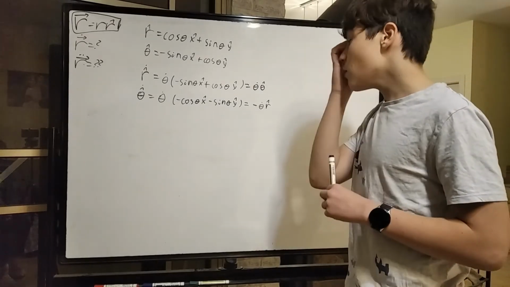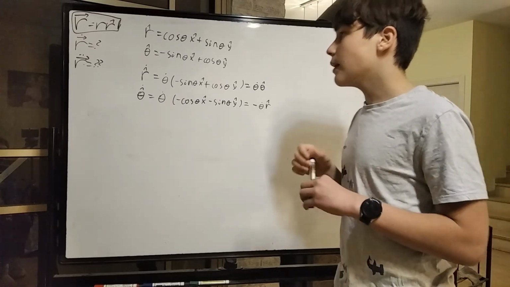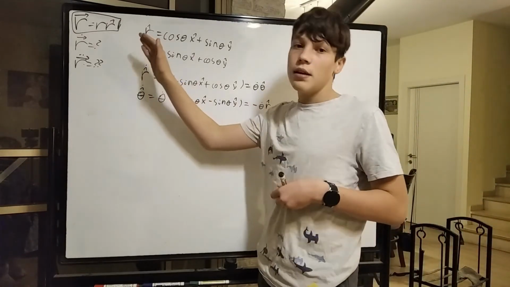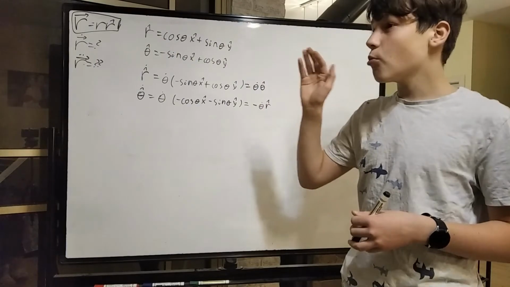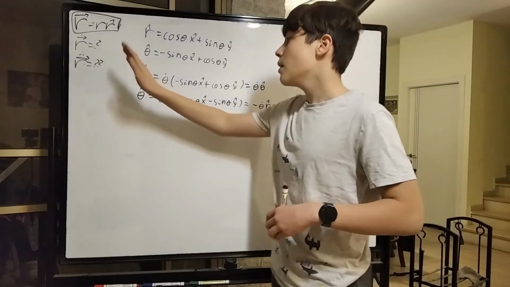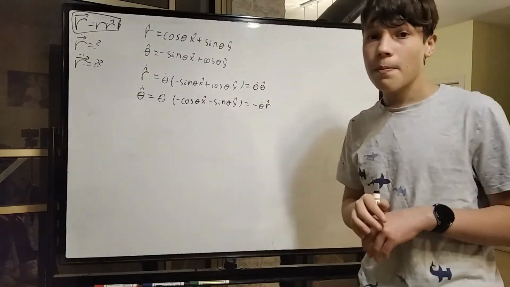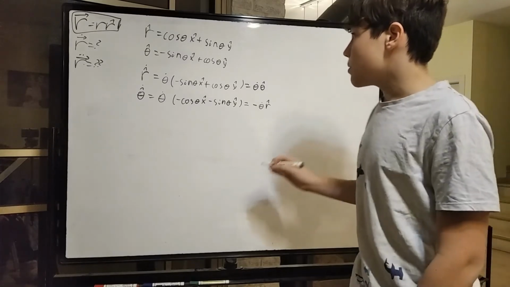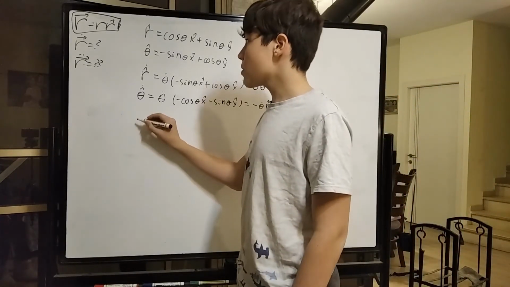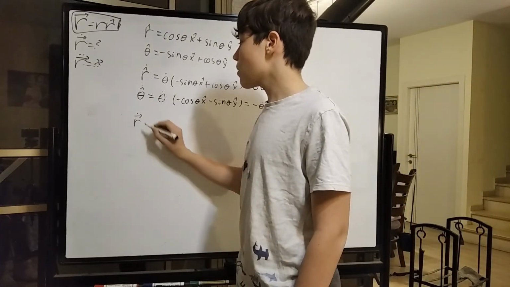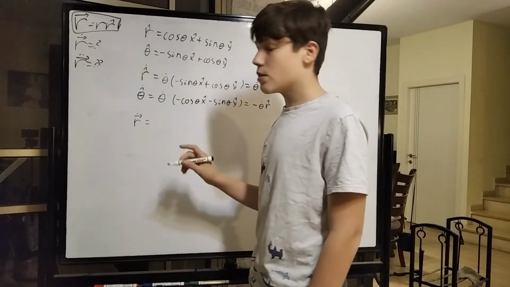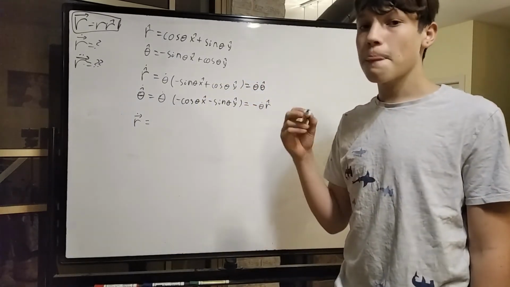Now we can finally get what is the velocity, and I'll leave the annoying work for you to do at home for the acceleration. So let's do this. The vector r dot.